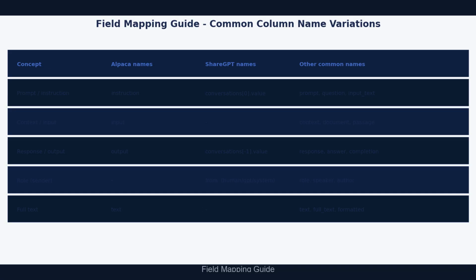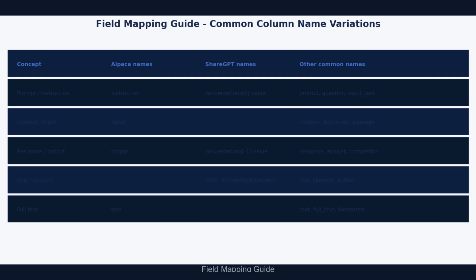Different frameworks use different field names for the same concepts, and knowing the mapping prevents a lot of confusion when you're working across datasets and libraries. What Alpaca calls instruction, ShareGPT stores as conversation zero value. What Alpaca calls input, other datasets might call context, document, or passage. What Alpaca calls output, ShareGPT stores as conversations minus one value.